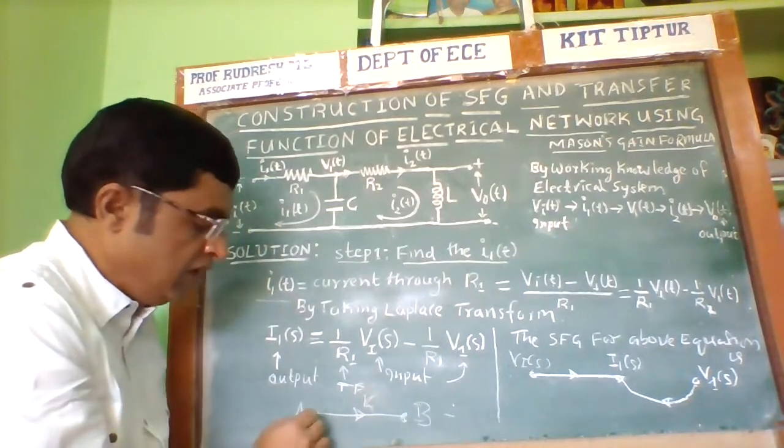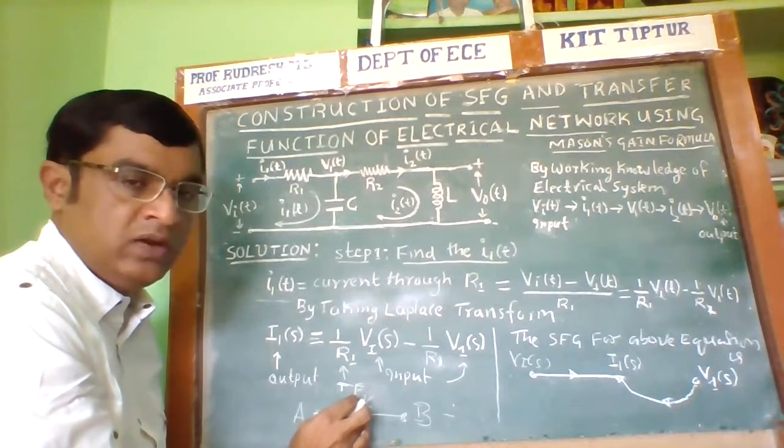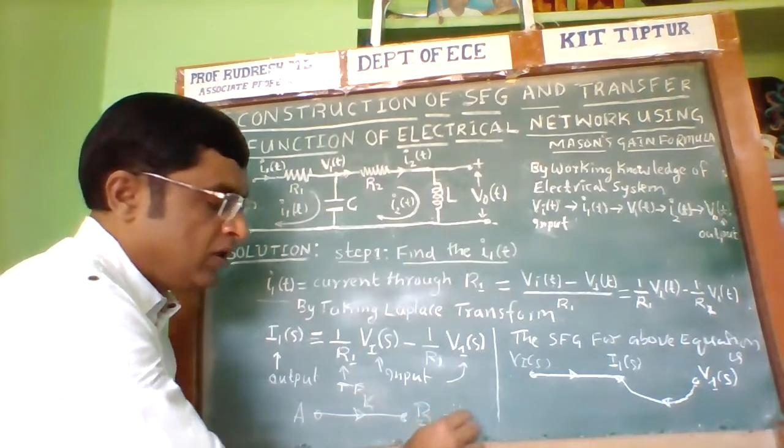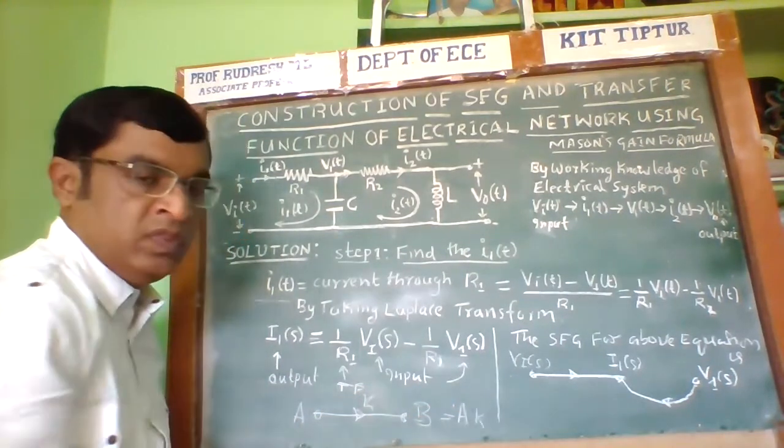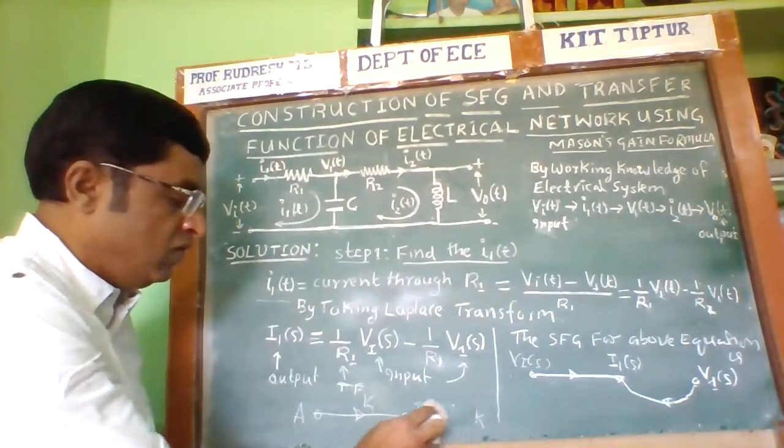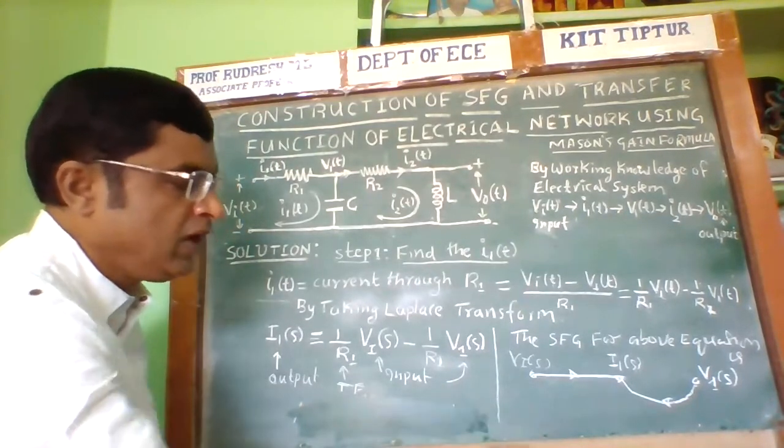B is equal to the input A into the gain K, that is, B equals A into K. Similarly, we write it here also.